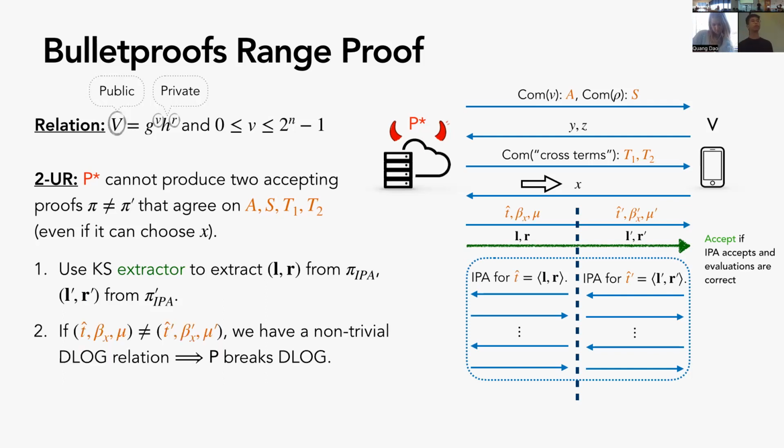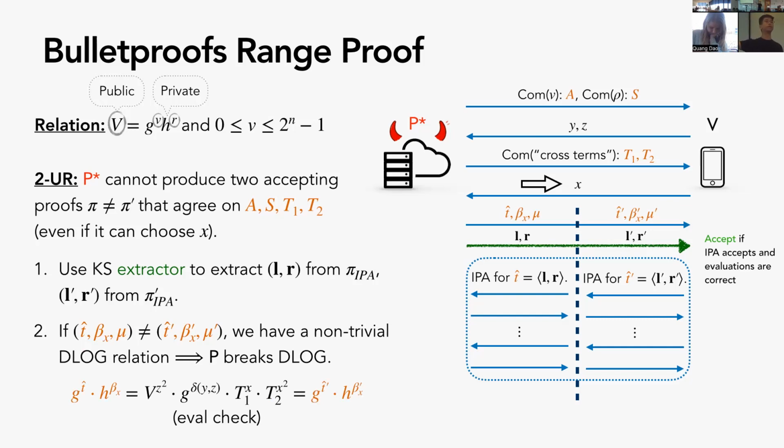Next, we will show that if the third round evaluations are different, then we have a non-trivial discrete log relation. This follows because here are the evaluation check equations. And what's interesting about this is that we have this G and H to the power of t hat and beta x, right?